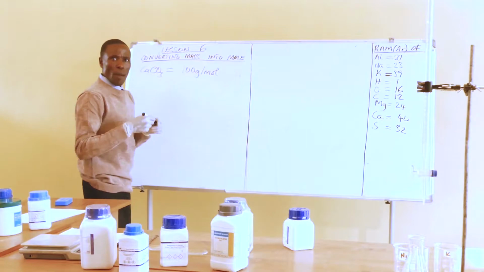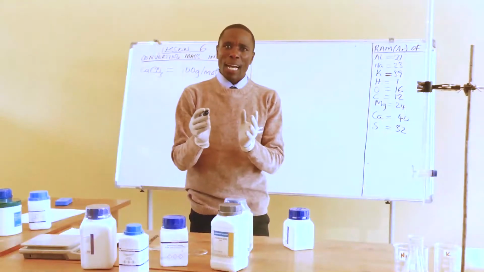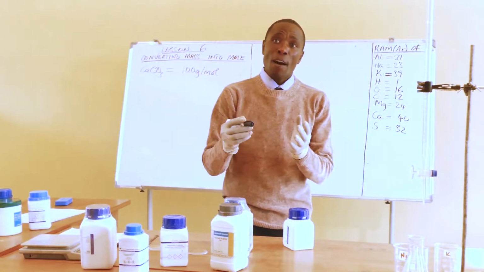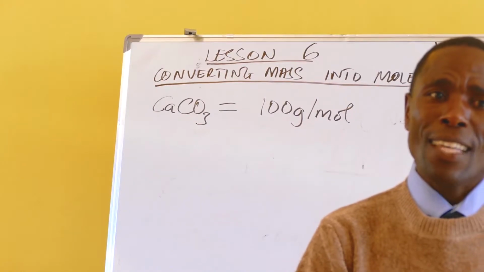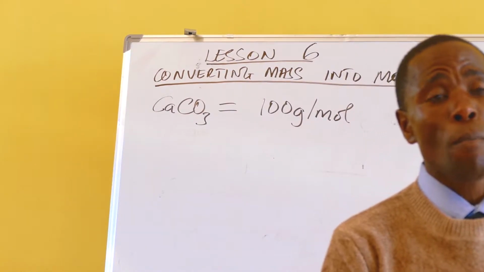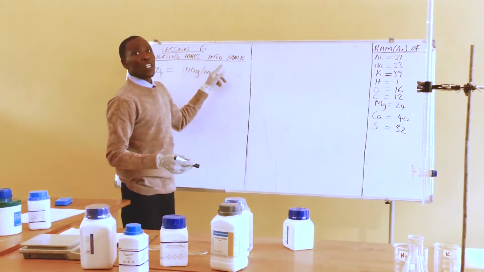So if each chemical formula represents 1 mole of that particular substance, therefore the basic formula has its molar mass. Therefore it is very simple to convert mass into mole.